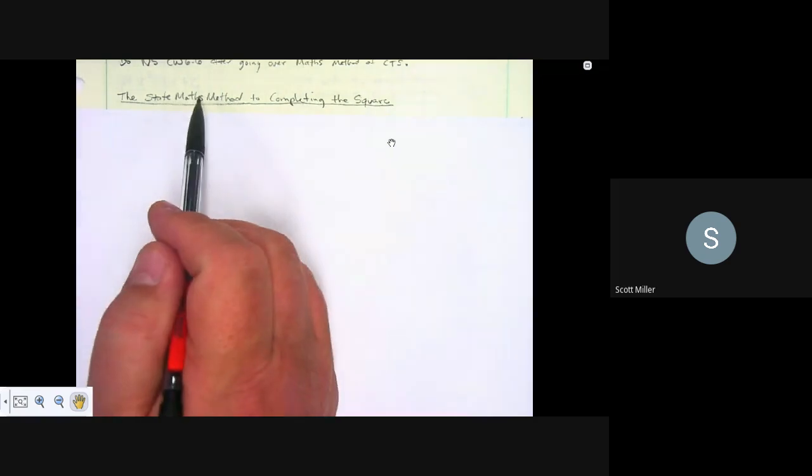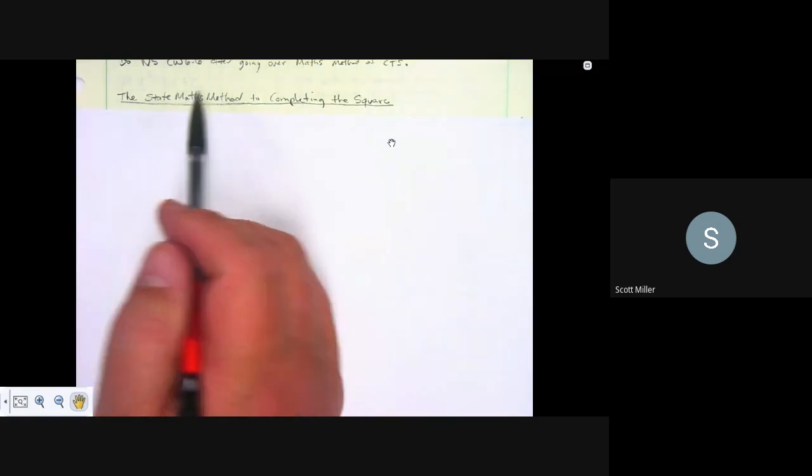Completing the square, in my opinion, the general process that most mathematicians and textbooks show is really very cumbersome, and it's not really very useful if there's another way of doing it.